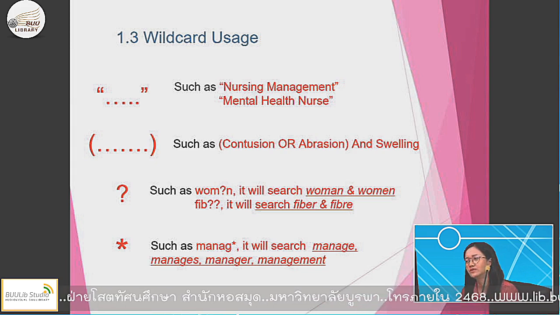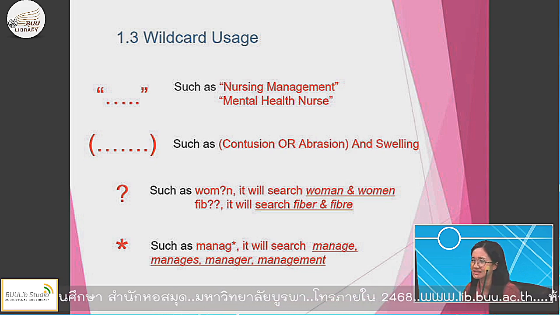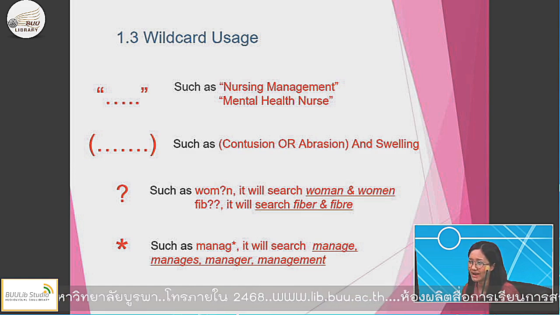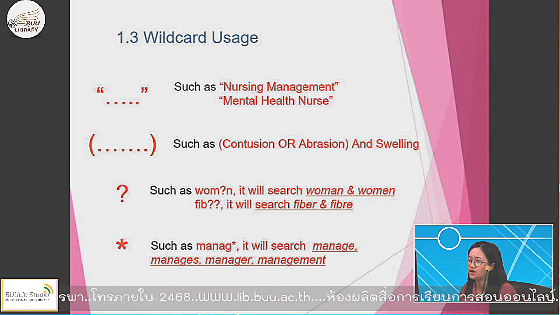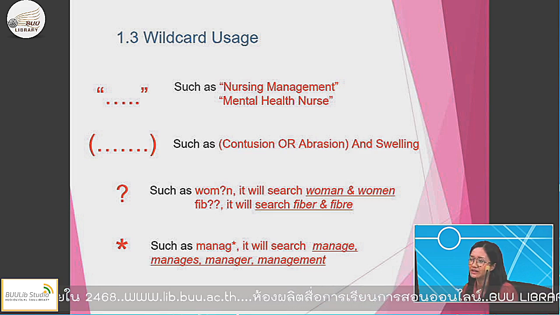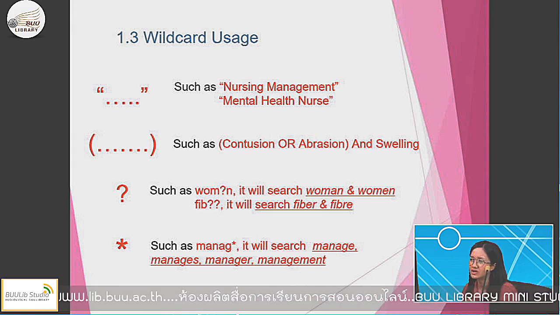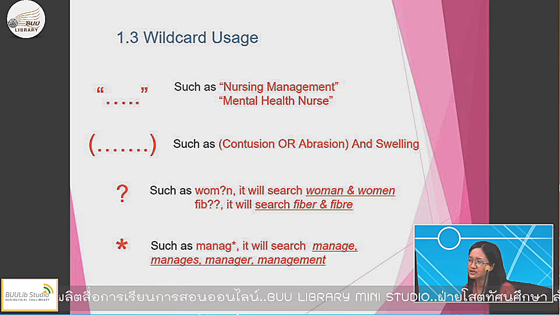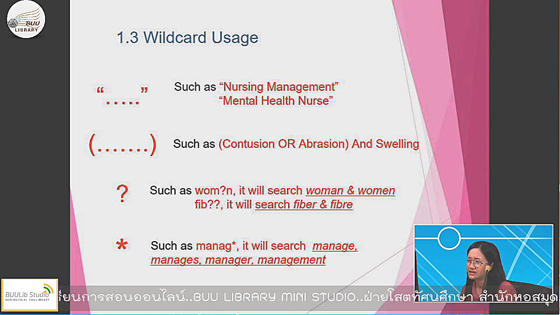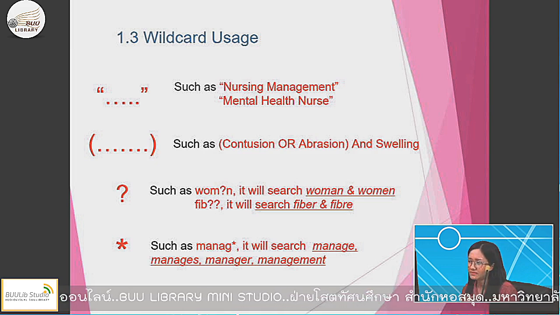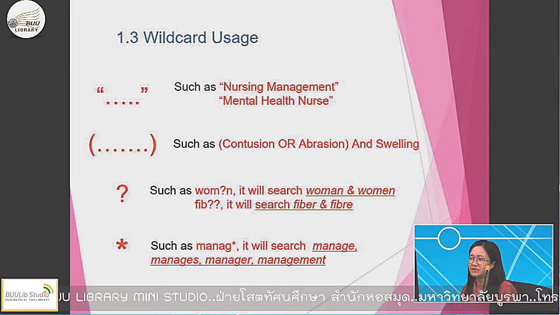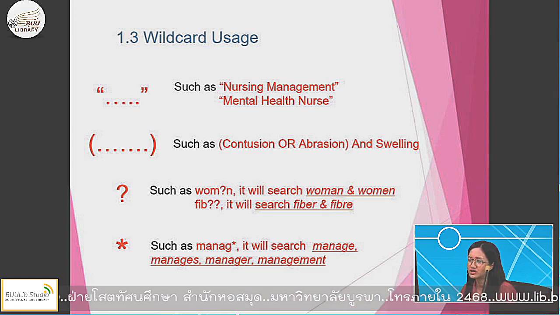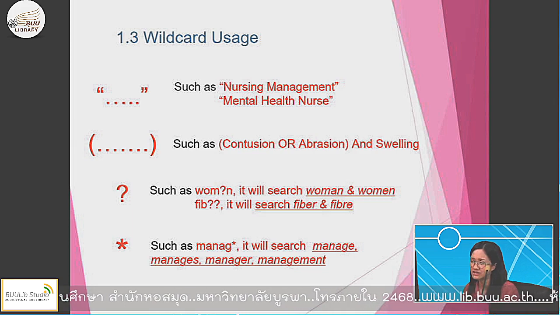Okay, the second character is parenthesis. I told you that it works like mathematics. For example, contusion or abrasion, you put it in the parenthesis, so the system will do the parenthesis first. Contusion or abrasion will appear maybe only contusion, maybe only abrasion, and maybe both contusion and abrasion in the same title.